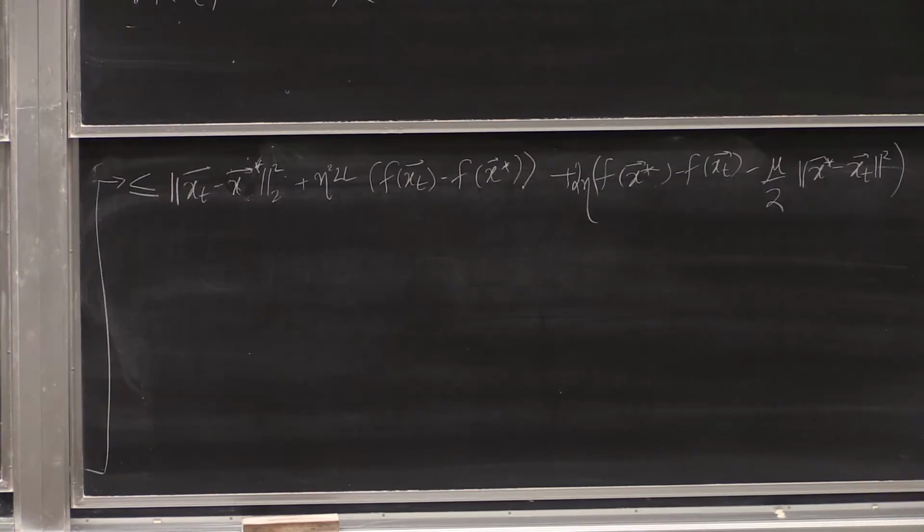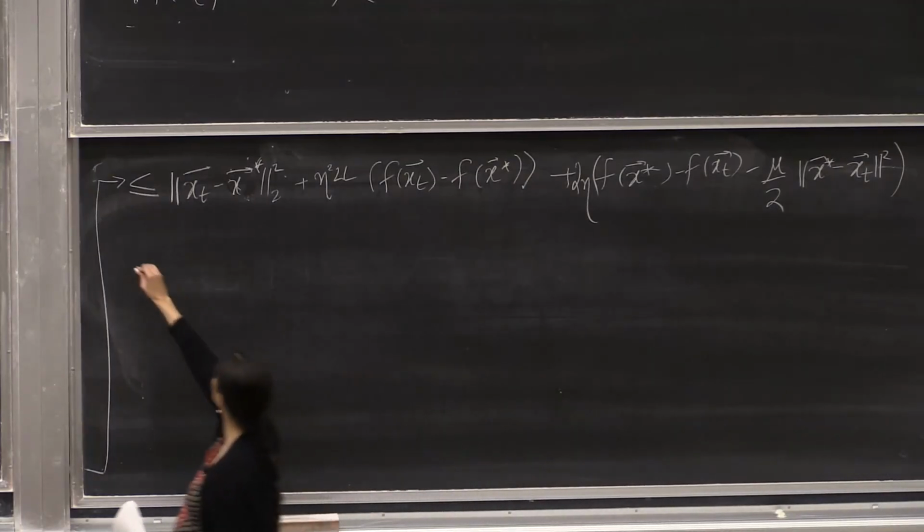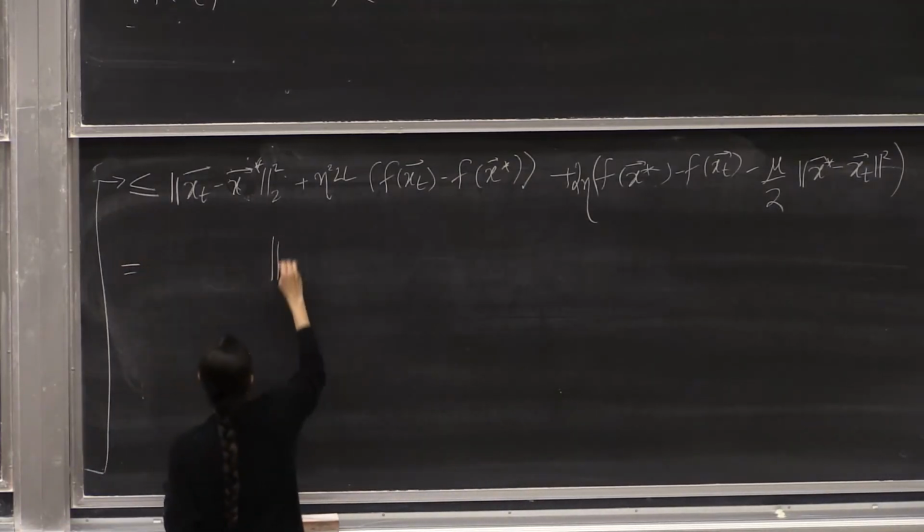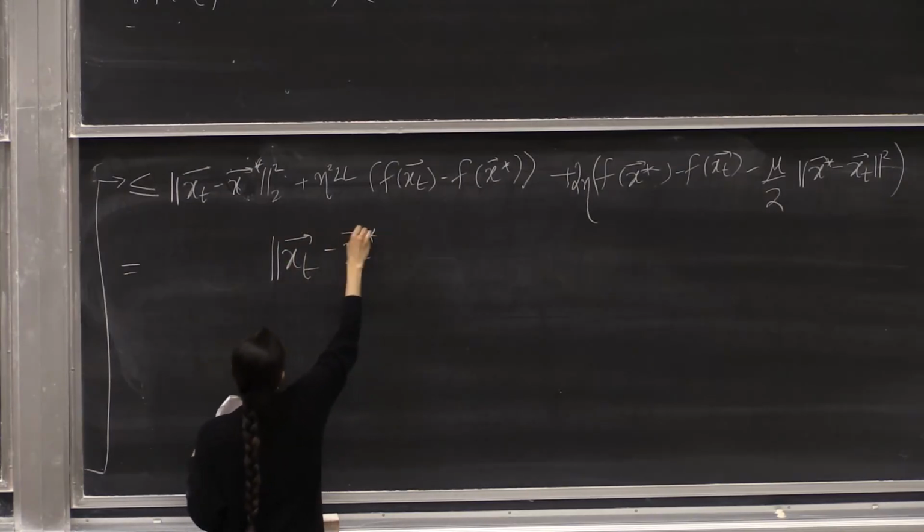Okay, so now are there terms that you would like to group together? What are the two kinds of terms here? There's an f of xt minus f of x star kind of term, and then there is an xt minus x star norm squared kind of term. So can we pull these together? What is the coefficient in front of xt minus x star norm squared?